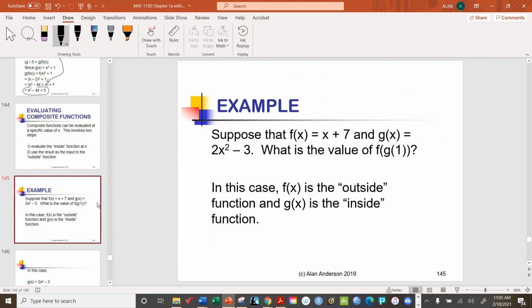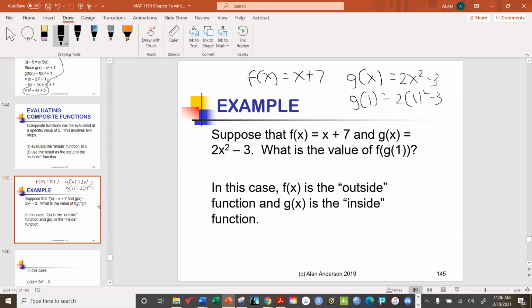So we've got f(x) = x + 7, g(x) = 2x² − 3. We want f(g(1)). In a way, this actually makes things easier because look what happens now. g(1) is 2 times 1² minus 3, and that's going to give me 2 minus 3, or negative 1.